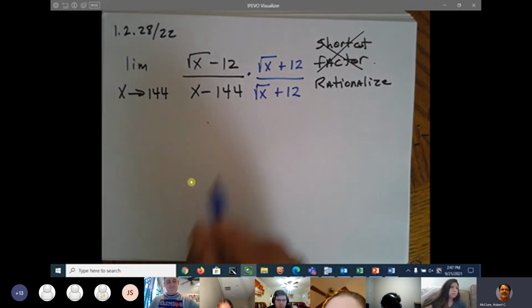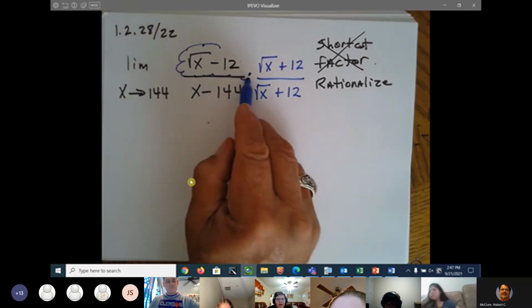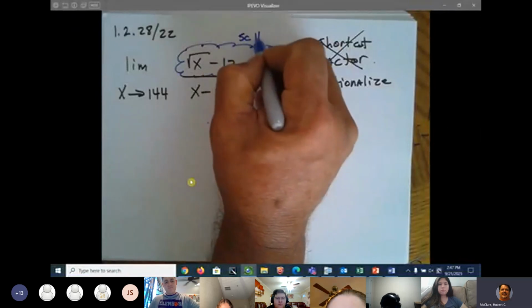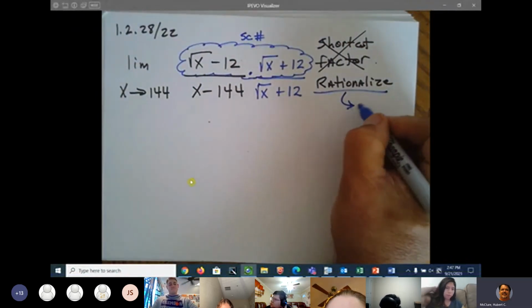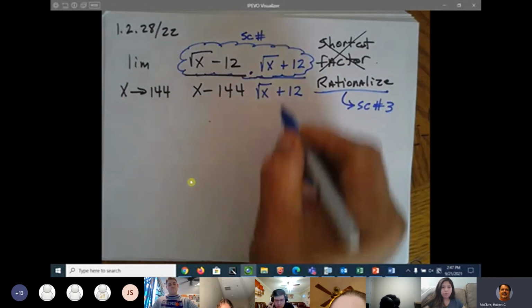So that's going to give me shortcut number 3 right here. And whenever you do rationalize, it's going to give you shortcut number 3. That's the whole point of doing it.